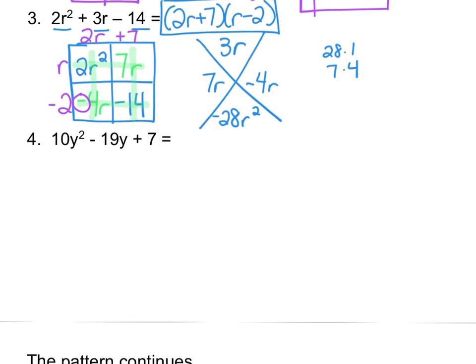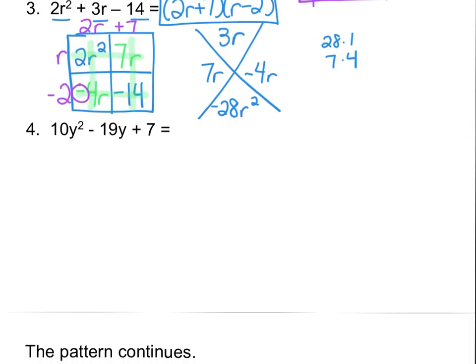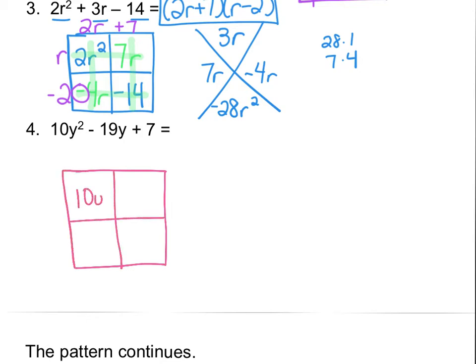Okay. So number 4, same process. You're going to be really good at factoring by the time we're done. So we want something that adds to negative 19y and multiplies to 70y squared. So really got to think 7 and 10, that's not going to work.